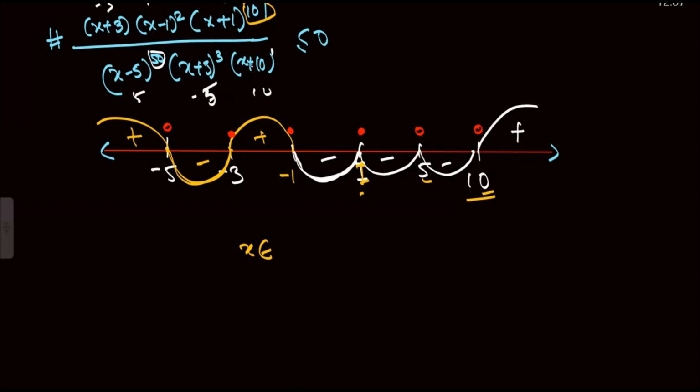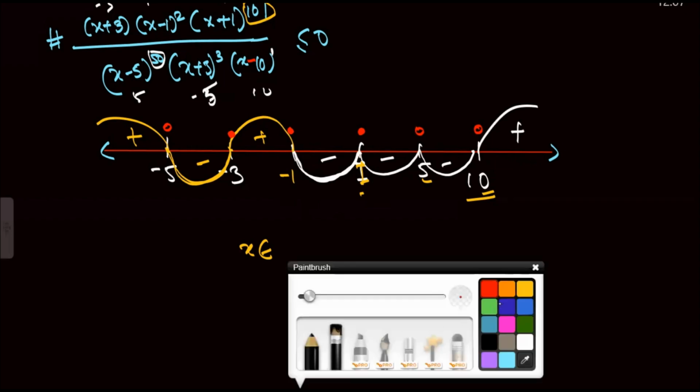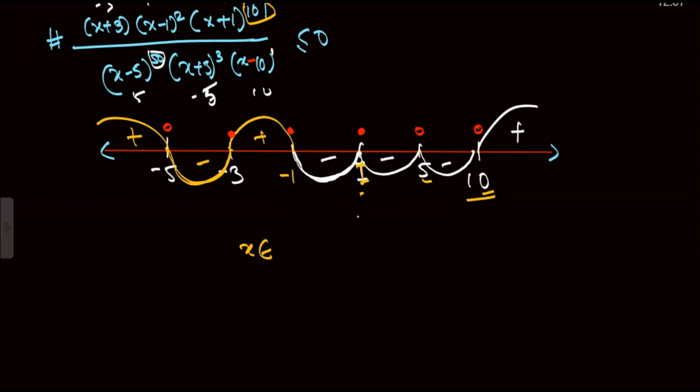Okay, I've made a mistake. Just change the question. Let it be -10. Now, if you write the answer, what's the answer to this? We need the negative values. Hollow -5, comma, solid -3. Just write from here to here. Don't write this union this, this union this. Just write union from here to here, where the whole is negative.